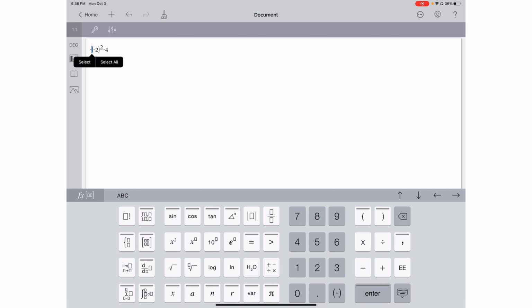So I'm going to go back and add the parentheses here. So it should look something like that. The -2 should be in parentheses because I'm squaring it. So when I do it, I should be multiplying -2 times -2. I'm going to press enter, and I clicked on the wrong thing.